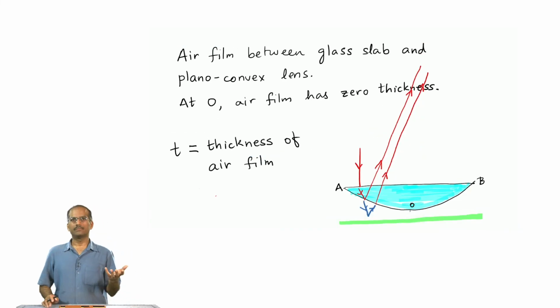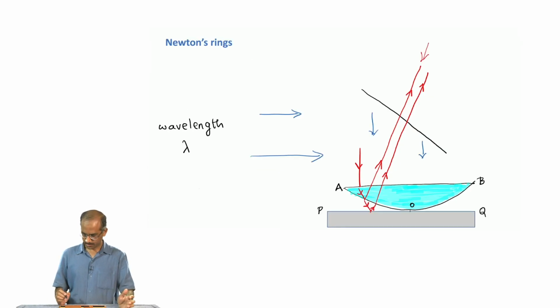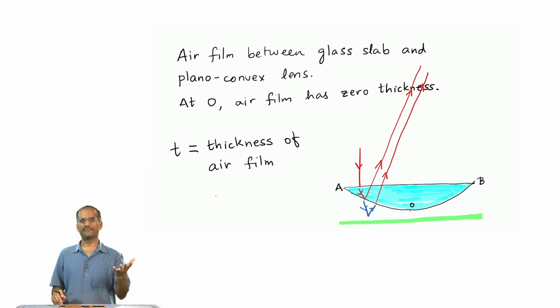What we shall assume is that there is an air film between the glass slab and the plano-convex lens, and at the point O, the center, the plano-convex lens touches the glass slab, and at that point the thickness of the air film is 0. In general, at any point we take T to be a variable which indicates the thickness of the air film.